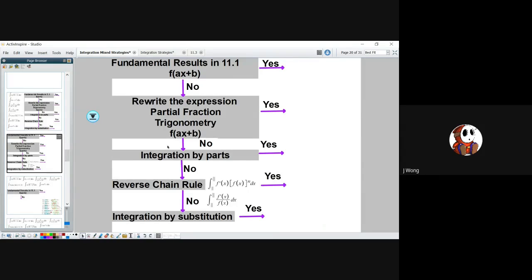If no, use integration by parts. If still no, then you can either use integration by substitution for all of it, or if you want it to be slightly quicker, there are some integrals after the first 3 layers that can be solved using reverse chain rule very quickly. So let me show you here.